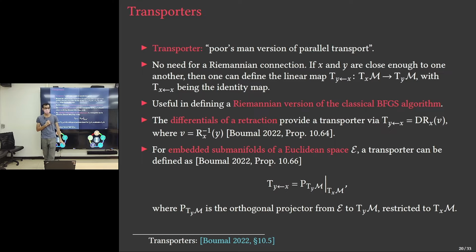So it boils down to something very simple because, like for the Stiefel manifold, we also have the explicit expression for the orthogonal projection, okay? Restricted to the tangent space. So of course it's not a parallel transport, but it will do its job.